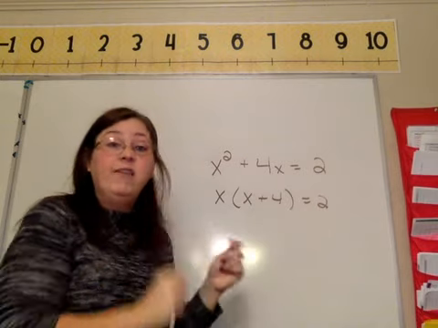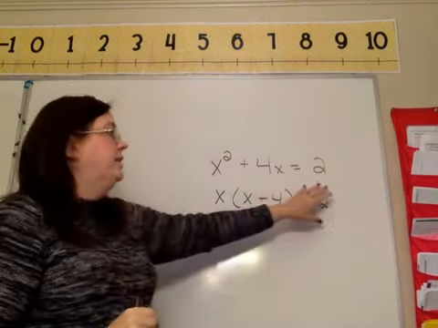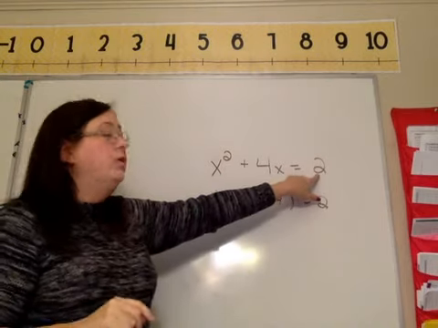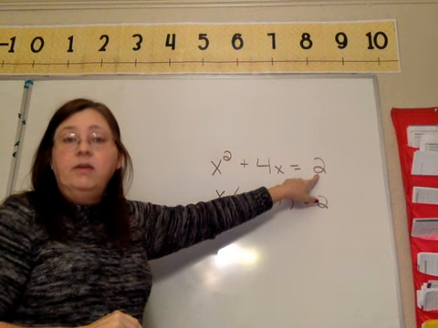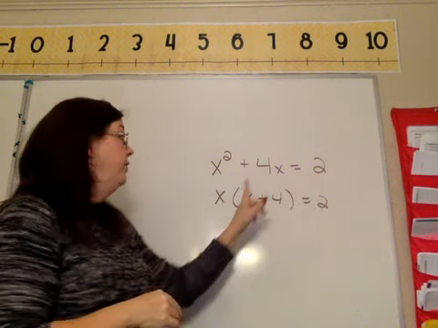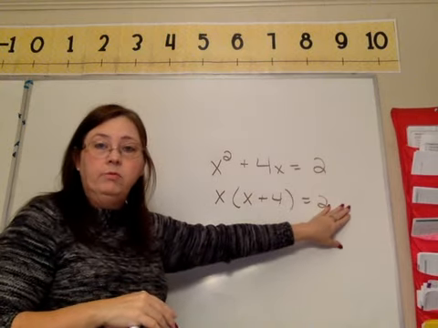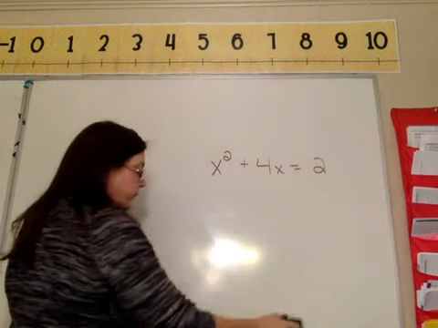You can spend forever trying to figure out what that combination would be. So my point of this is the GCF method does not work when you have something other than 0 on the other side. We can't just simply pull out and do the something times something equals 2. It has to equal 0. All right, so that method will not work for us.